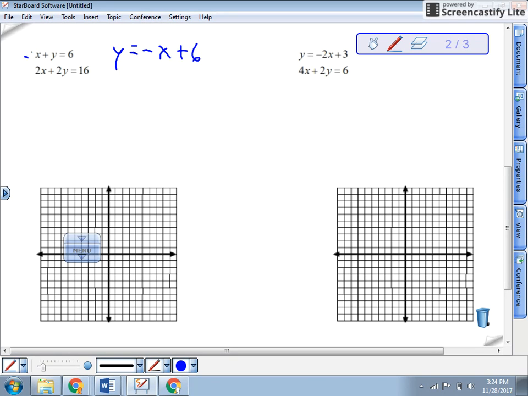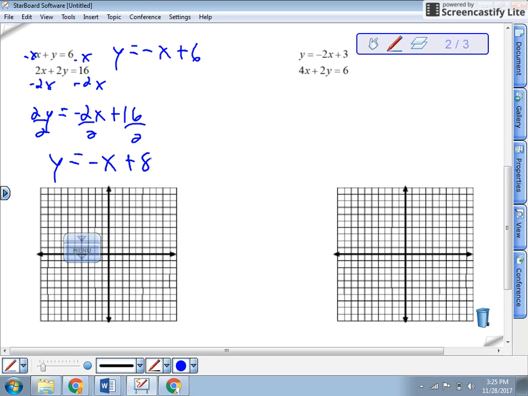Again, just subtract that x from each side. And then this one right here, I'm going to subtract the 2x. So it's going to be 2y equals -2x plus 16. Divide everything by 2. So y equals -x, and then +8. Well, you can see right here, they're going to have the same slope, that -1.